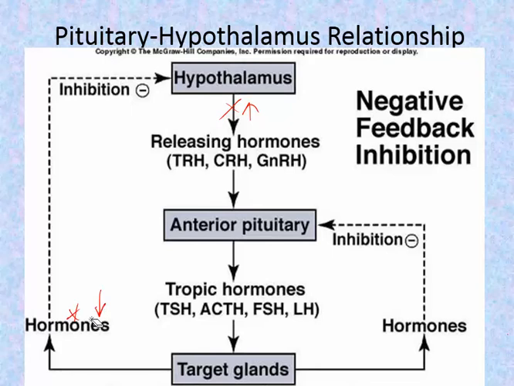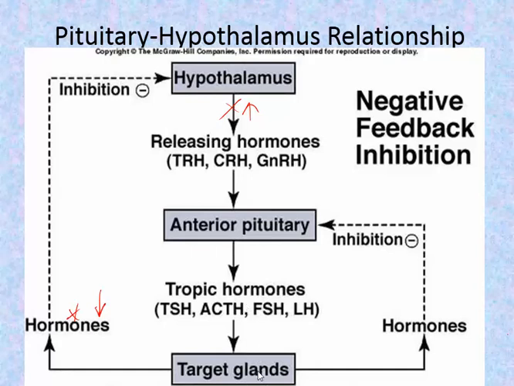So the way this works, you have your hypothalamus, and it releases hormones. These are the ones that it releases here. It's not necessary that you know the names of them now, but just know that it is a negative feedback inhibition loop. The hormones it releases cause the anterior pituitary to give off tropic hormones. And remember, tropic hormones act on other glands.